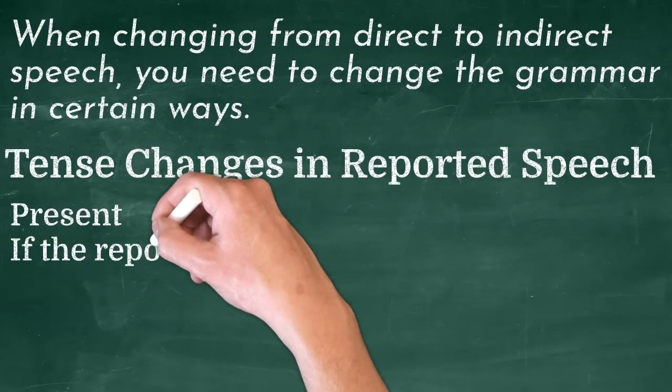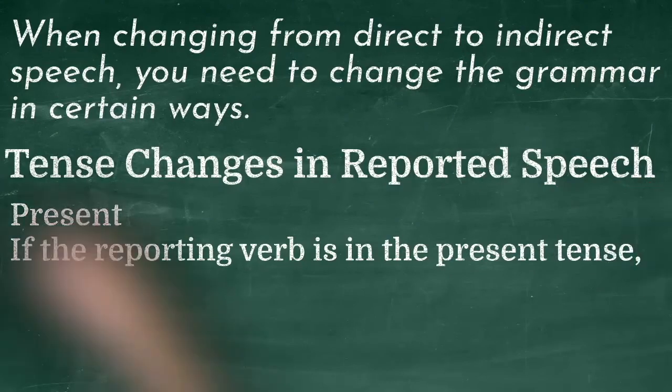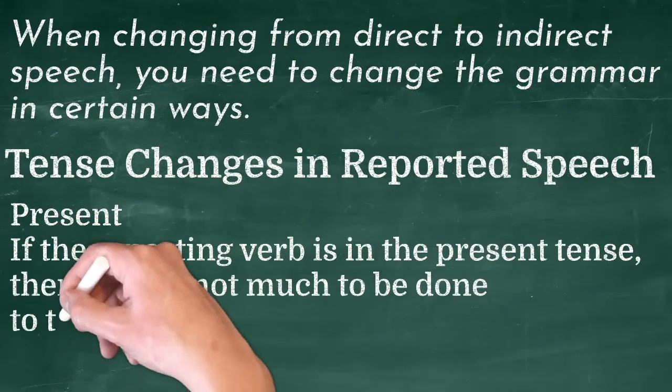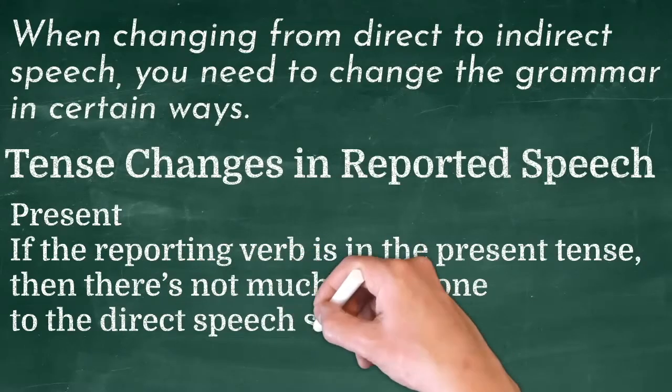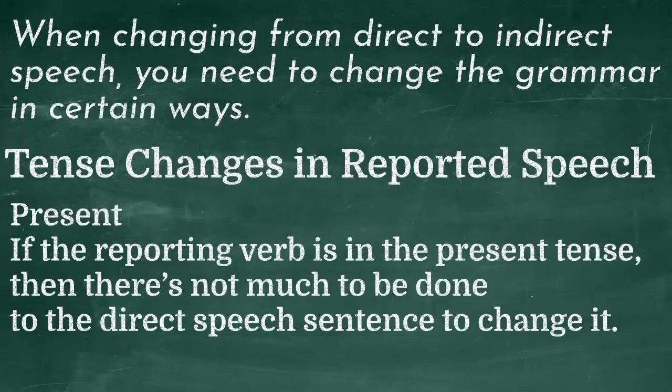Verb tense changes in reported speech. Present. If the reporting verb is in the present tense, then there is not much to be done to the direct speech sentence to change it.